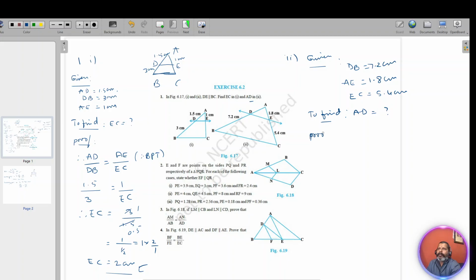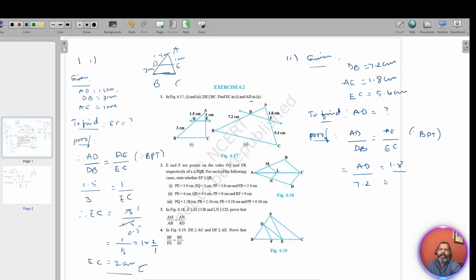And proof. What is the proof? Same ways. Apply the BPT. AD by DB equal to AE by EC. The reason is BPT. Substitute the values. AD we don't know. We want that AD. DB we have 7.2. AE is 1.8. And EC is how much? 5.4.